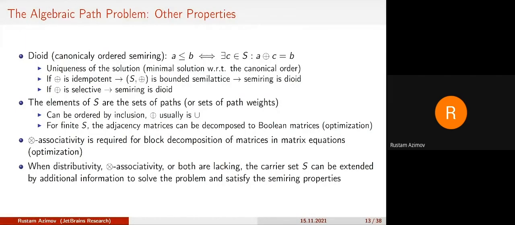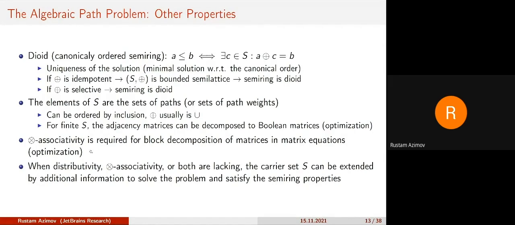Also, associativity of the multiplication operation is one of the axioms of a semiring, but for some path problems and applications, we may not have this associativity, and what does it mean?